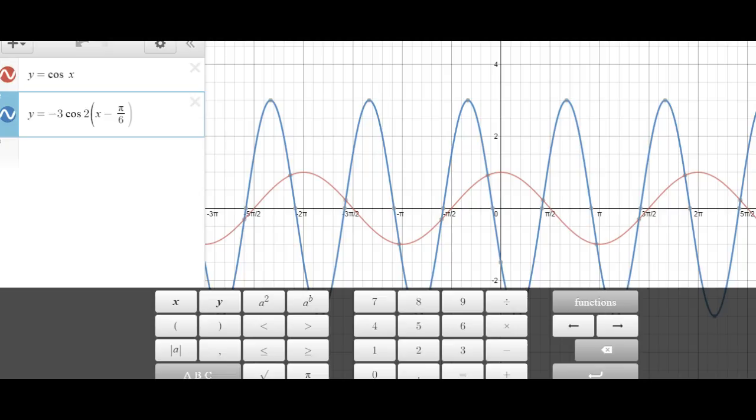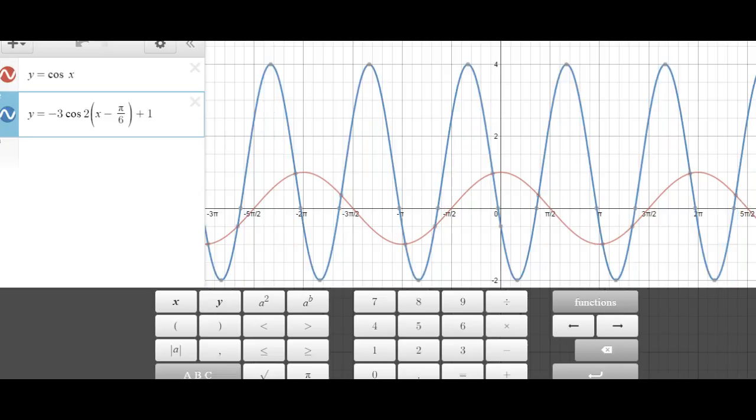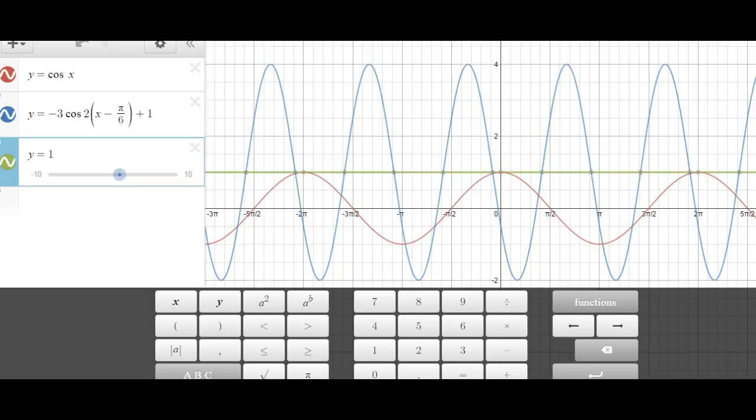Plus 1. Okay. And just because I can, I'm going to throw in y equals 1. Okay, so we should see these, assuming that's all correct.